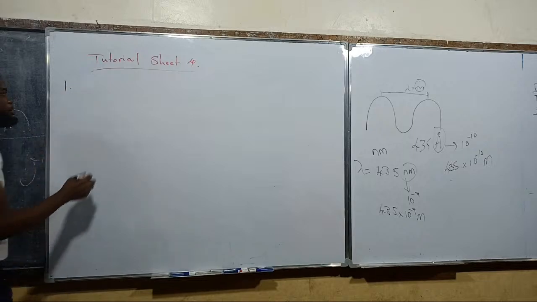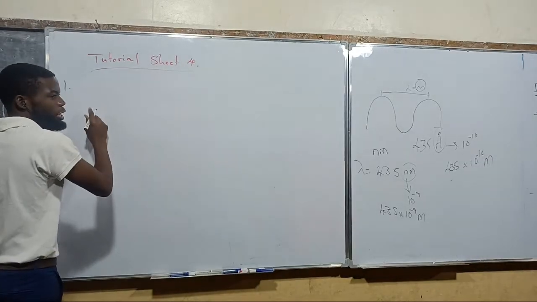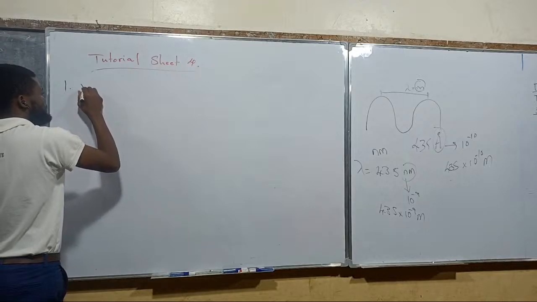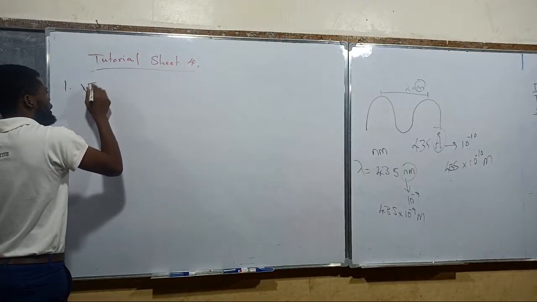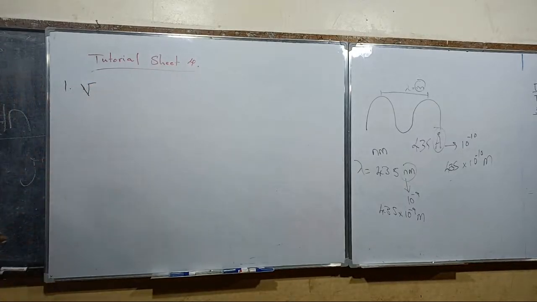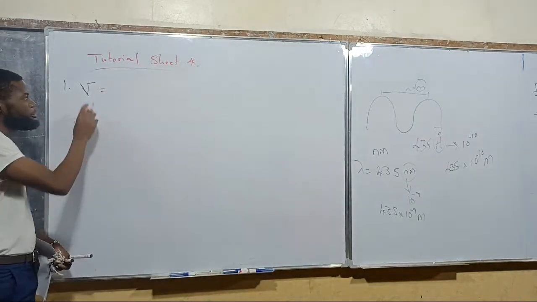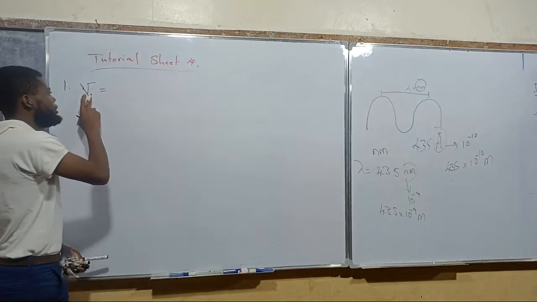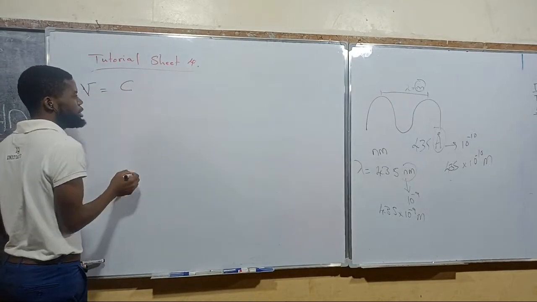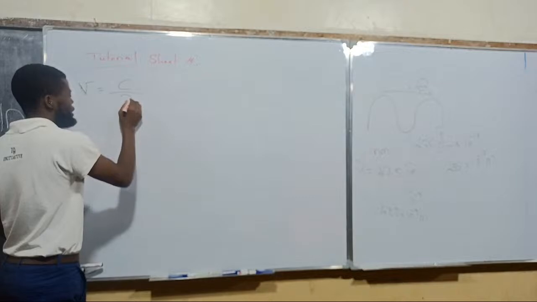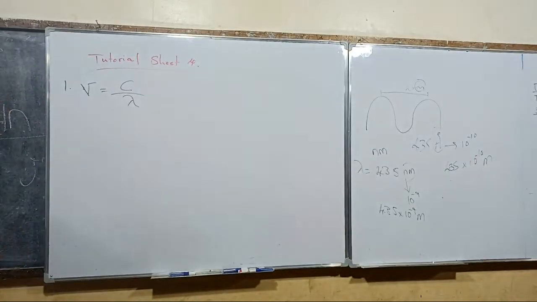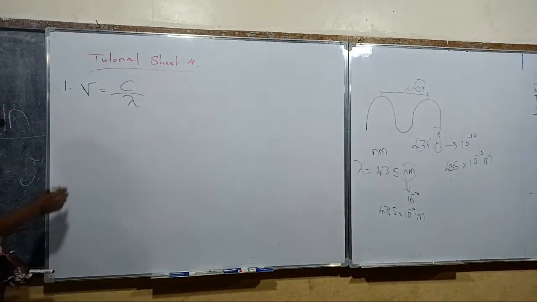Number 1, the first concept is that all electromagnetic radiations have 3 primary characteristics. The relationship among the 3 primary characteristics of electromagnetic radiation can be represented using formula 1. Frequency is equal to the constant speed of light divided by what? The wavelength. Wavelength, keeping in mind, is supposed to be in meters.